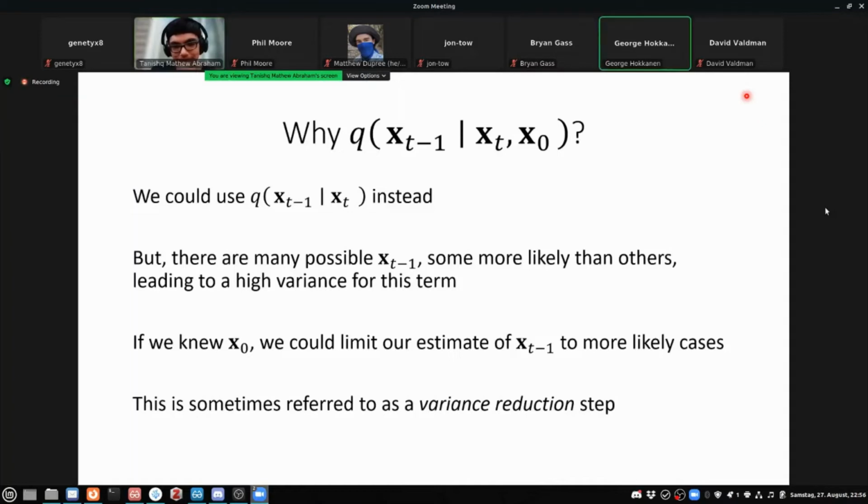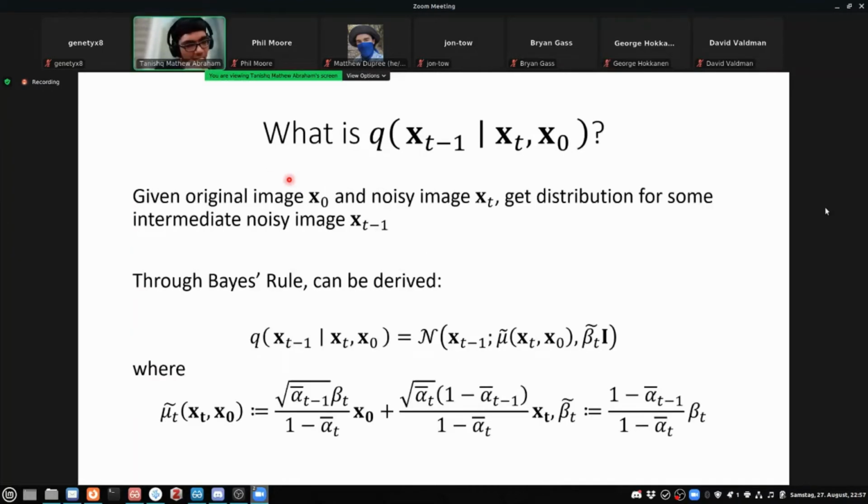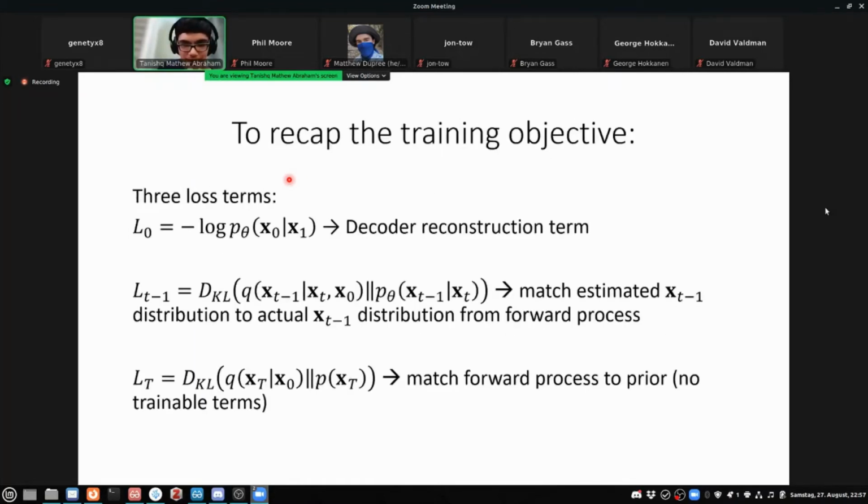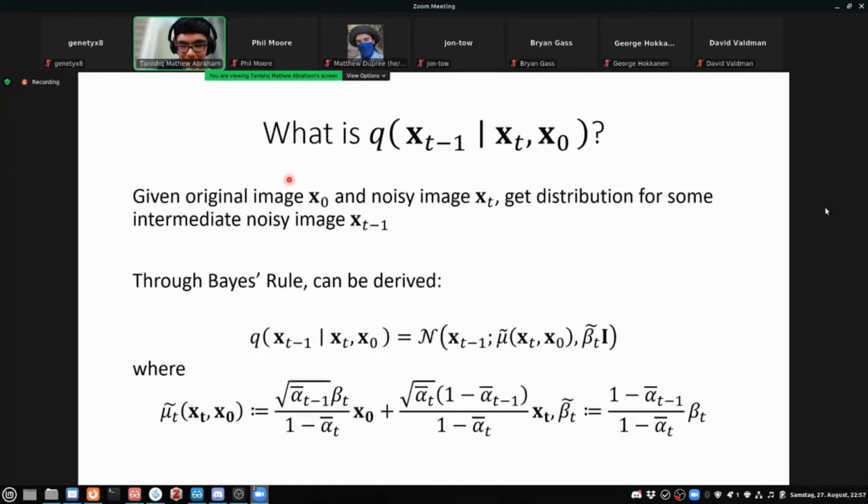What confused me in particular is that variance reduction uses the x0 in a way that the simple loss, as I see it, doesn't. It's just based on the xt image. But I don't really understand it. I guess we just have to go through the derivation and see.